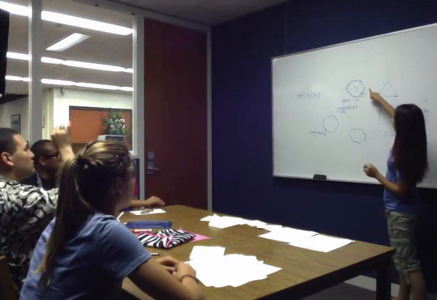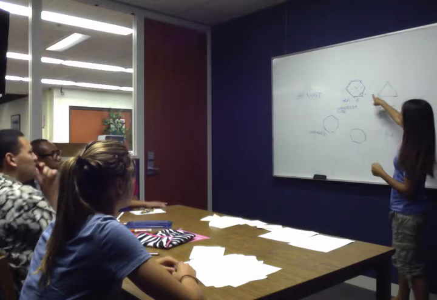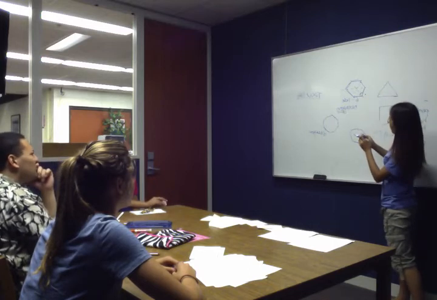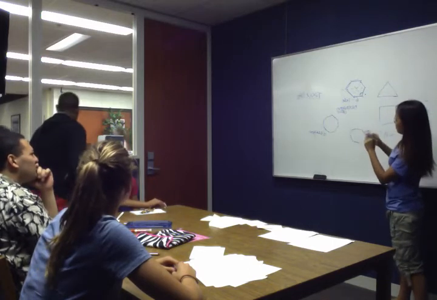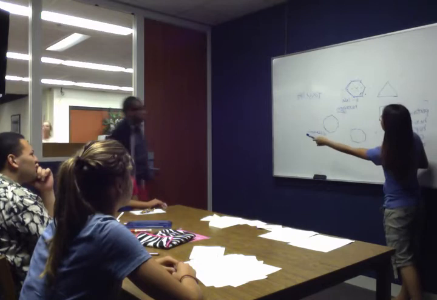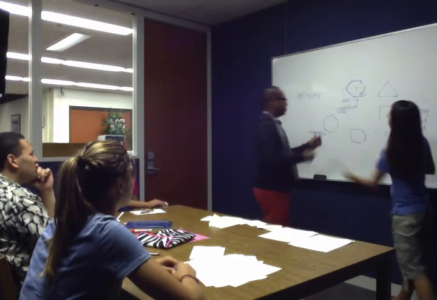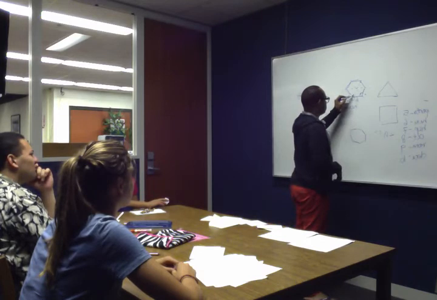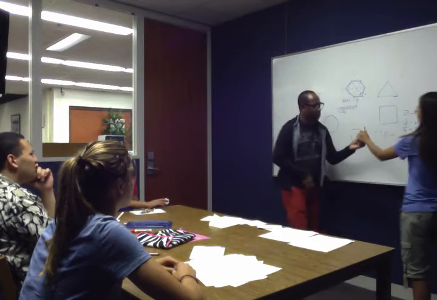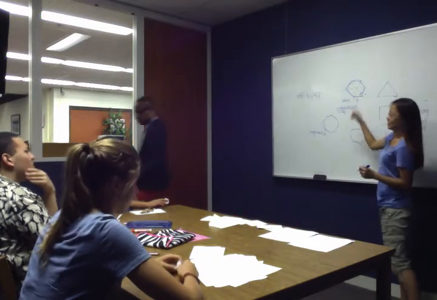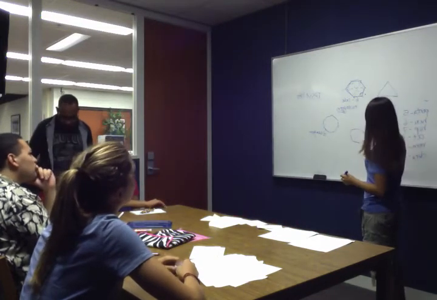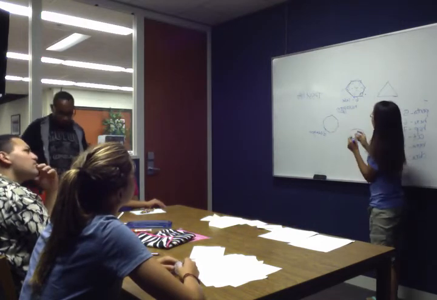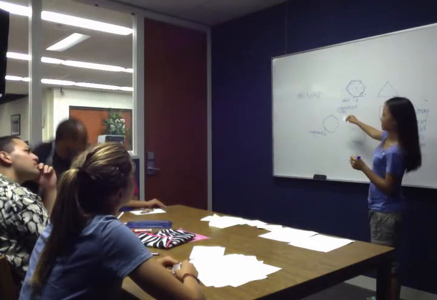Now can somebody come out and point out where the angles go? Just draw it. That's 1, 2, 3, 4, 5, 6. All right, thank you. Is he correct? Yes. So there you have it: 6 angles, 6 sides, and you have a hexagon.